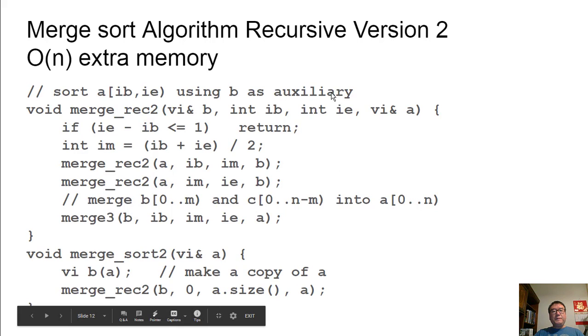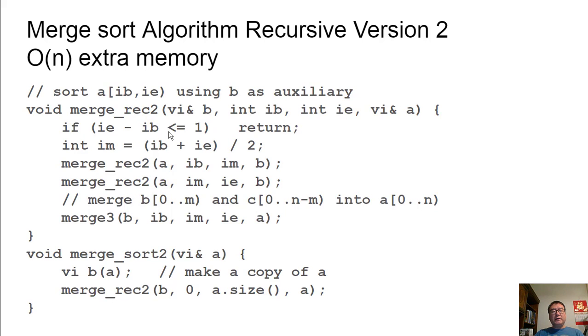And the way this recursive call works is, again, we check whether we've reached the base case with a single element. If not, then we compute the index of the middle point in the array, and then we sort the two subarrays using this recursive call.